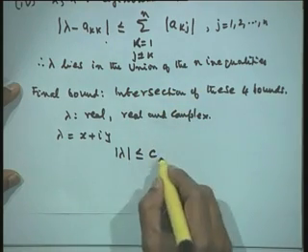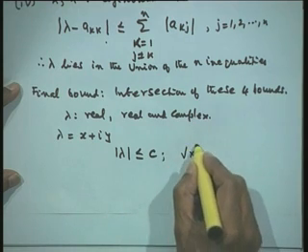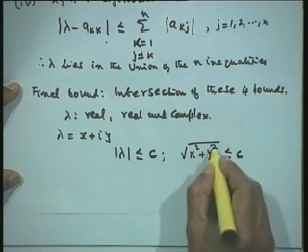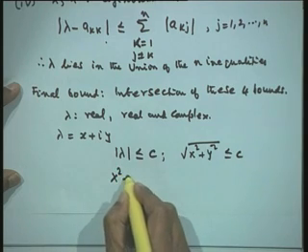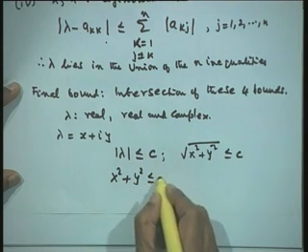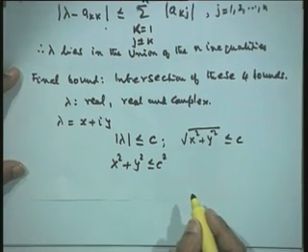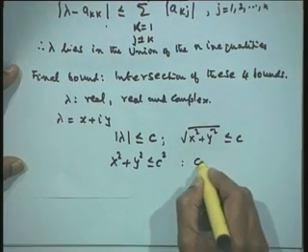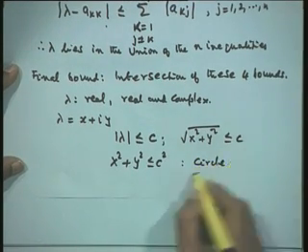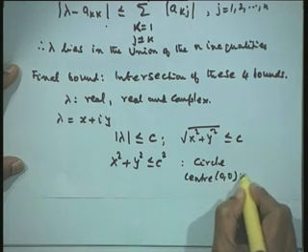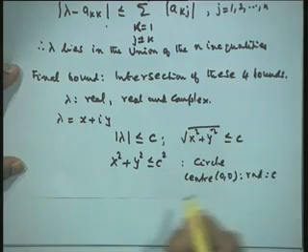If it is complex, this would imply square root of x squared plus y squared is less than or equal to c, which implies x squared plus y squared is less than or equal to c squared, which is a circle with center at 0, 0 and radius c.